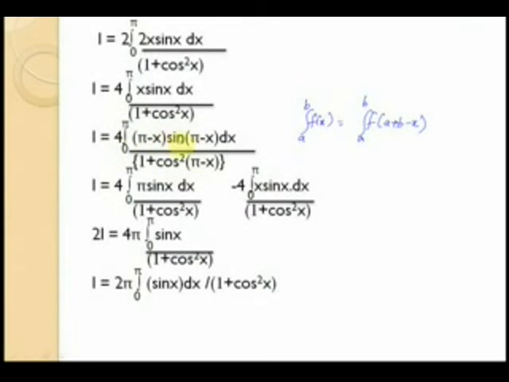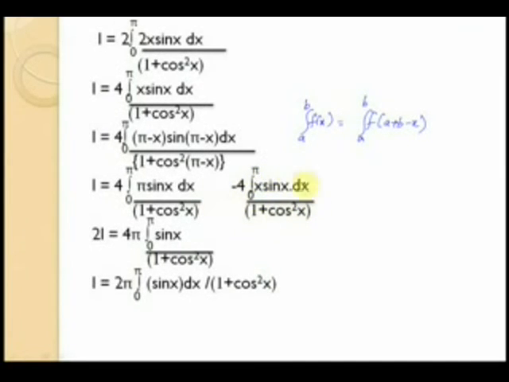So what we do is this term would remain the same as sin x, this would become cos square x, and so we again split it into two parts as I equal to 4 times integral of pi into sin x divided by 1 plus cos square x minus 4 into integral of x sin x into dx divided by 1 plus cos square x from 0 to pi.